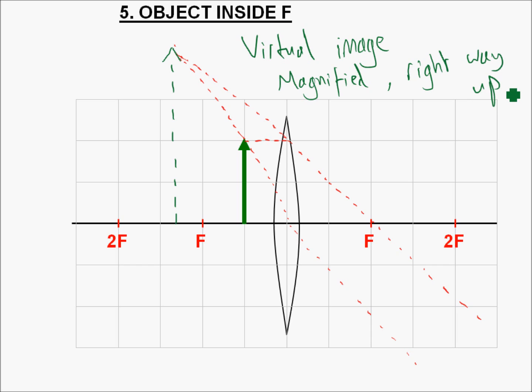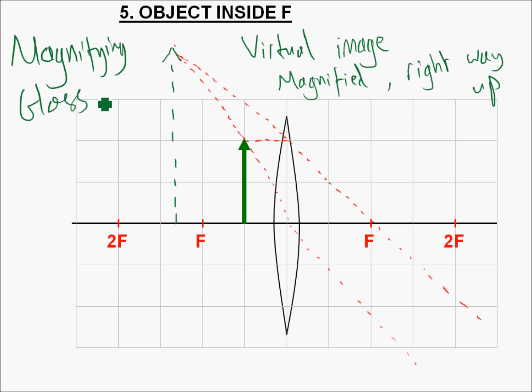So it's not inverted. This is a magnifying glass situation. When you hold a magnifying glass up to a close object, it looks like it is a big object, but you can't project that image, and you have to look through the lens to see that big image. You can't project that image onto a wall. You can't record that image directly.